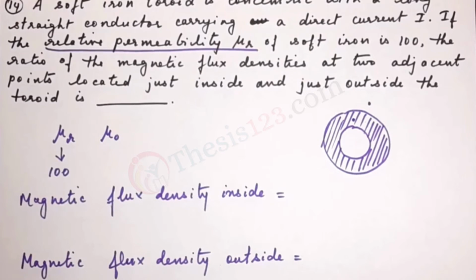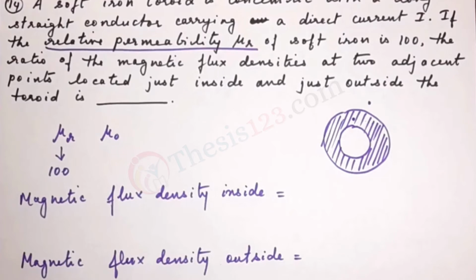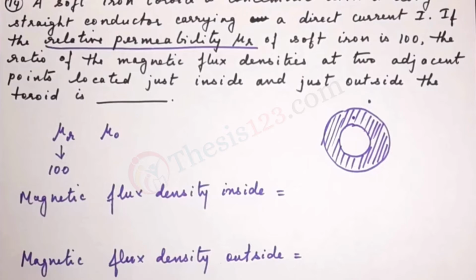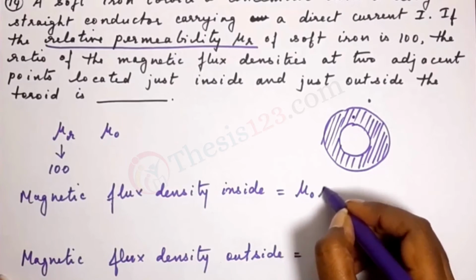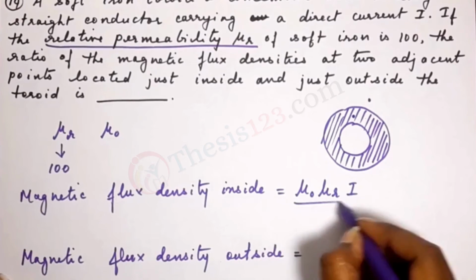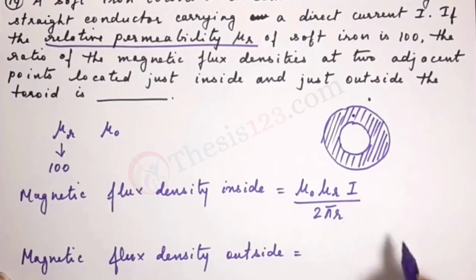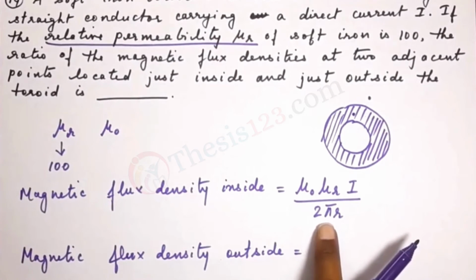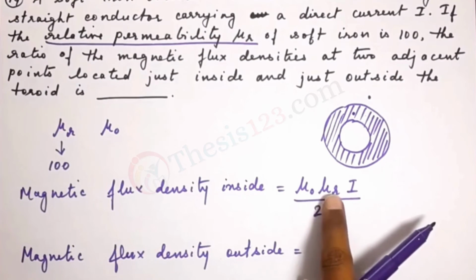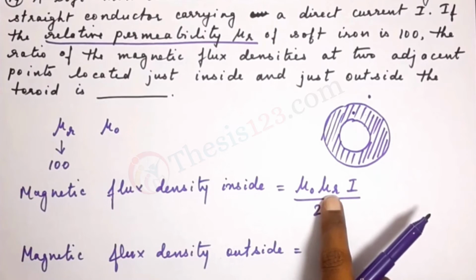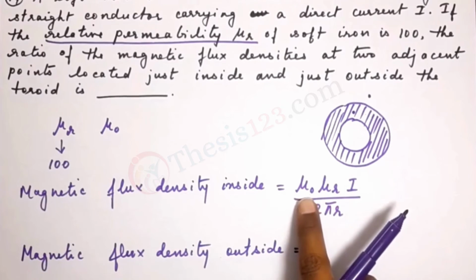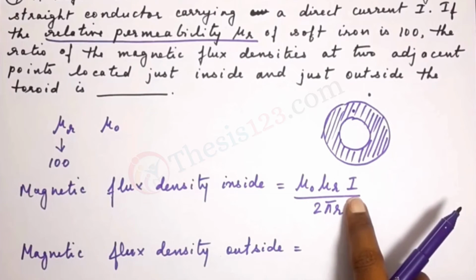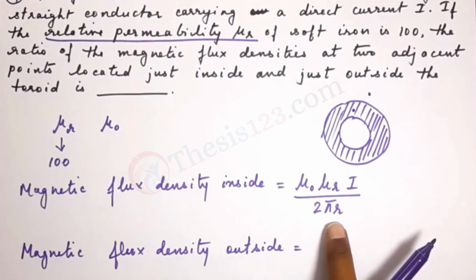So the magnetic flux density inside the toroid, which is concentric to the conductor carrying the current, would be mu naught into mu r times I divided by 2 pi r. Now because the conductor carrying current is a circle, the circumference is 2 pi r, and mu naught times mu r is the relative permeability times the permeability of air, into the current that is passing through the conductor. So this is the general formula.